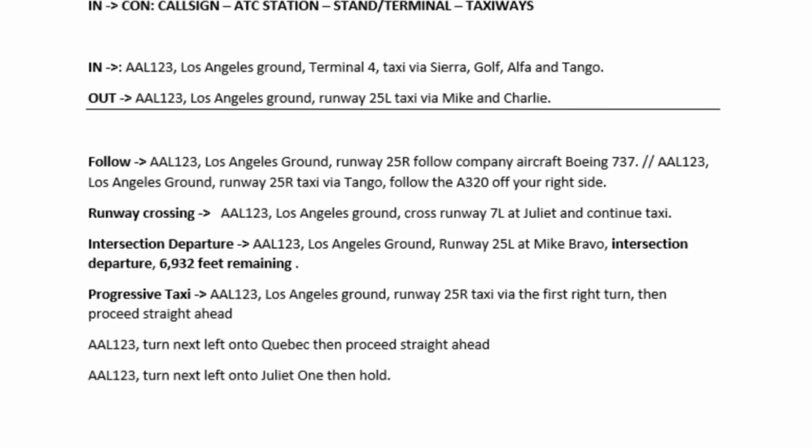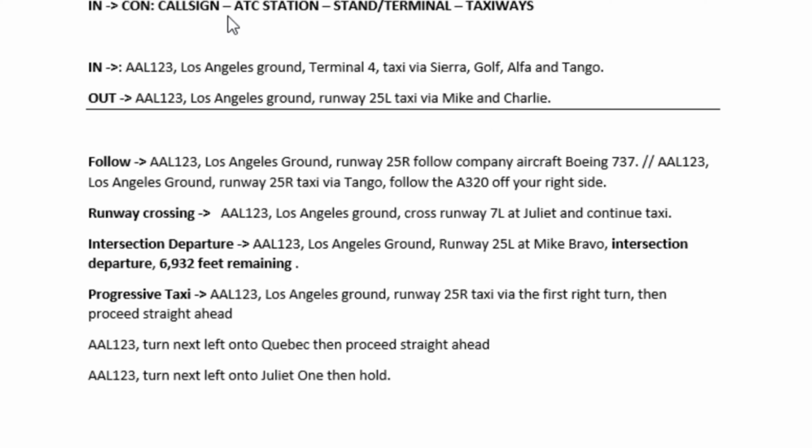Now the progressive taxi. If you don't know, the progressive taxi is where you are basically vectoring the aircraft on the ground to taxi. It's the same thing. It would be America 123, Los Angeles ground, runway 25 right, taxi via the first right turn, then proceed straight ahead.